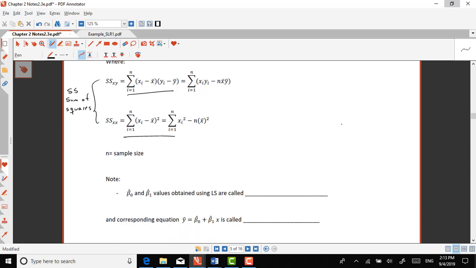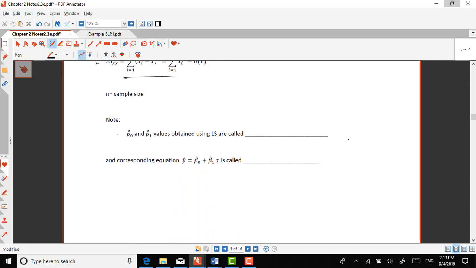Before we start an example, the beta naught and beta 1 values that are obtained using least squares are called least squares estimates. We're going to be applying those formulas in the context of a specific data set. So we call those least squares estimates, or estimated values.